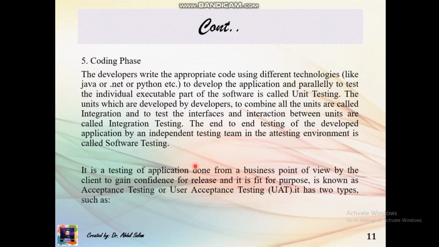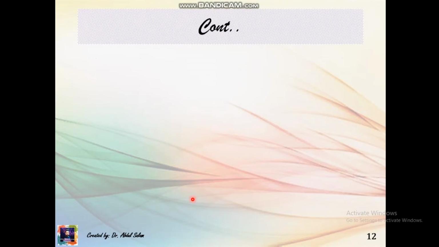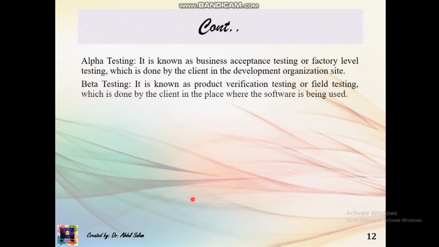It is testing of the application done from a business point of view by the client to gain confidence for release and to confirm it is fit for purpose, which is known as acceptance testing or user acceptance testing. It has two types, such as alpha testing and beta testing.